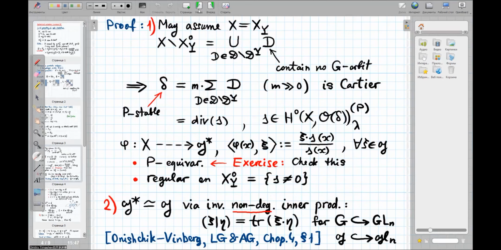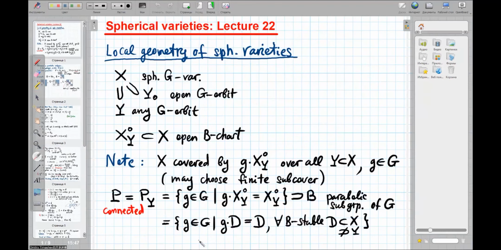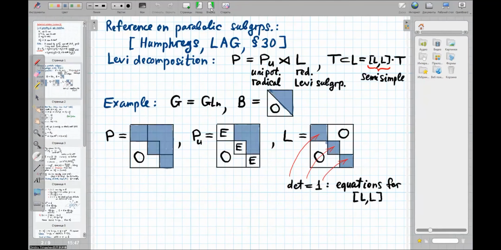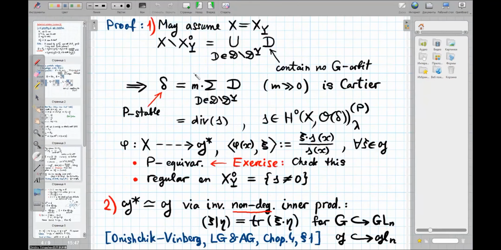Let me repeat again why P is precisely the stabilizer. Because what is P? P is the intersection of the stabilizers of all D's which are B-stable and not containing Y. And now what is delta? Delta is the sum of these D's.